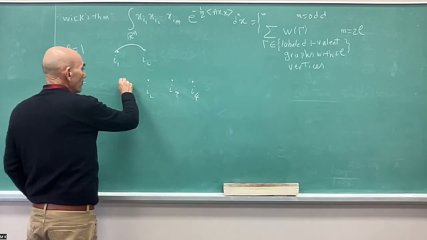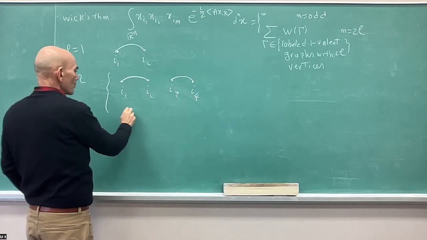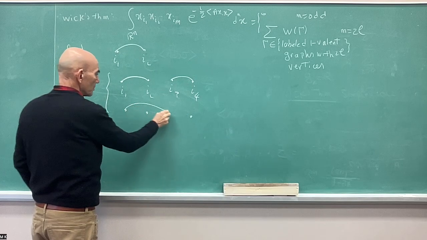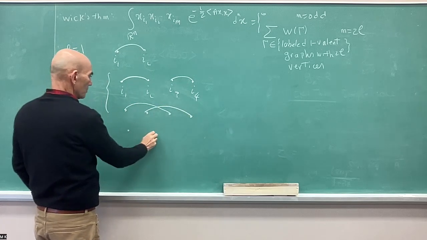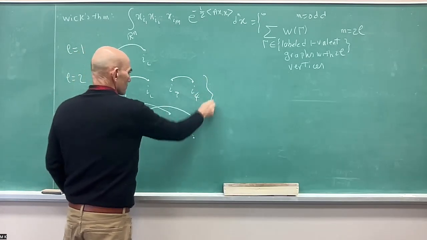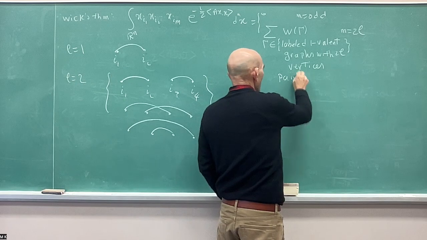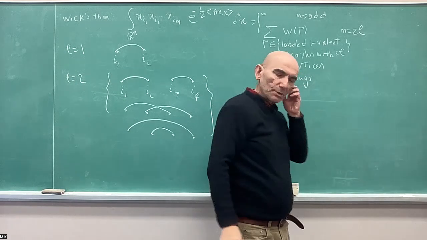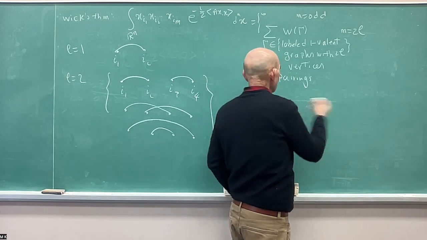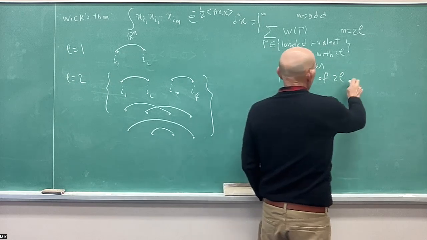So in this case, we have three such things. I don't put these labels here. So this one, next one, and then the other one. These are sometimes called pairings of 2L letters, 2L labels.